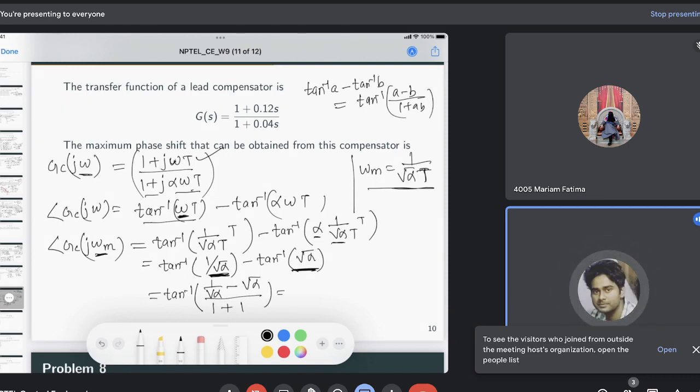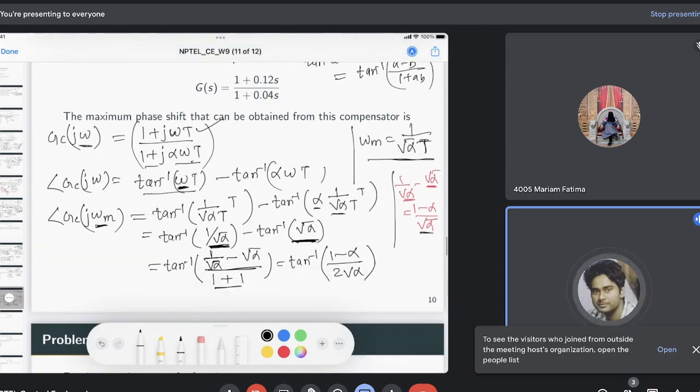You can take this first in the denominator: 1 by square root of alpha minus square root of alpha, which is 1 minus alpha over square root of alpha, and the denominator is 2 times square root of alpha.